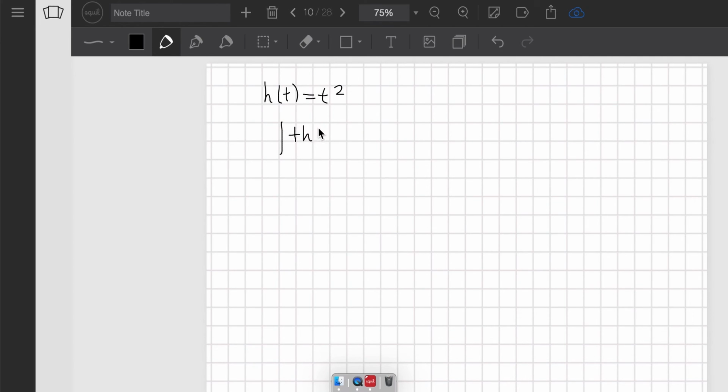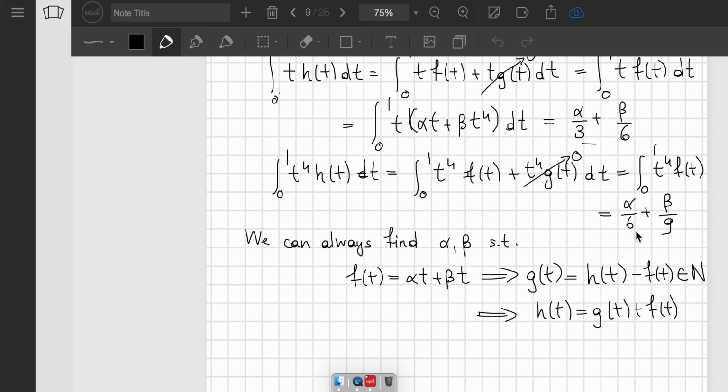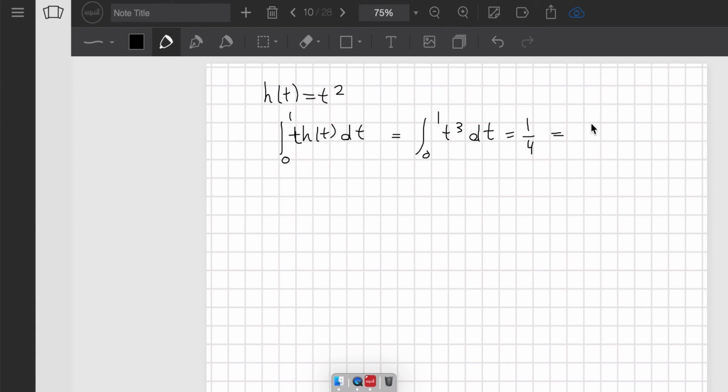So the integral from 0 to 1 of t h(t) dt is equal to the integral from 0 to 1 of t cubed dt, right? And that is 1/4. But remember, we calculated this must be equal to alpha thirds plus beta sixths. So here we write this is equal to alpha thirds plus beta sixths.